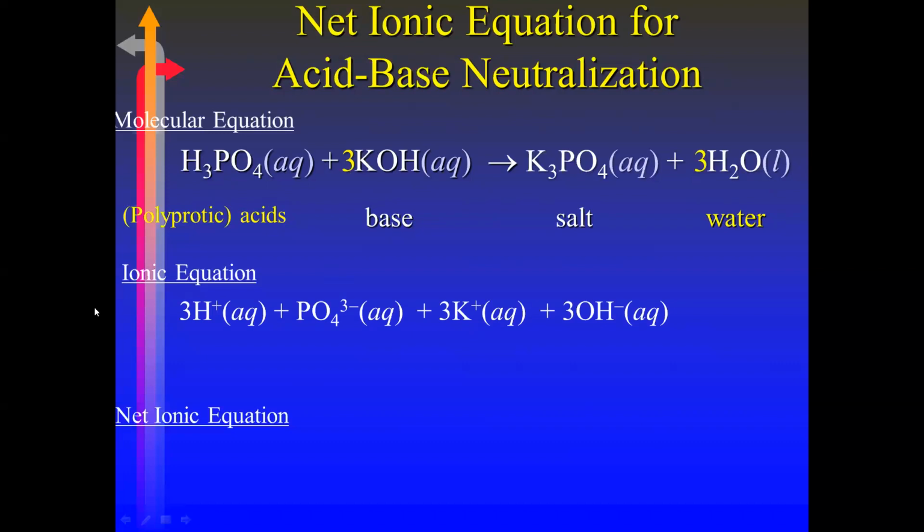Let's take a look at the ionic equation. For writing an ionic equation, like we said, we separate any compound that has a state symbol of AQ, meaning soluble in water. If I separate this one, I will write it in this form, 3 hydrogen ions. Why not write down H lowercase 3 here?